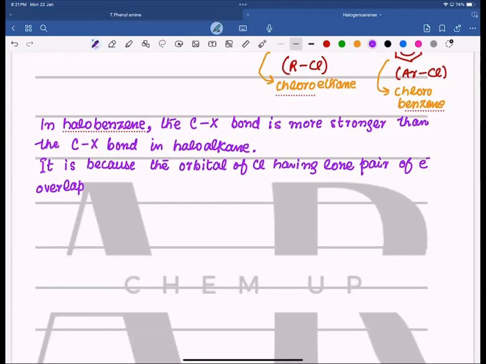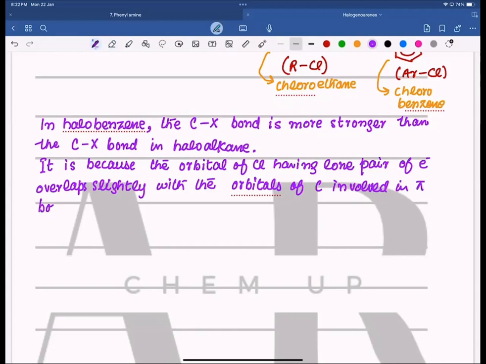overlap slightly with the orbitals of carbon involved in pi bonding.